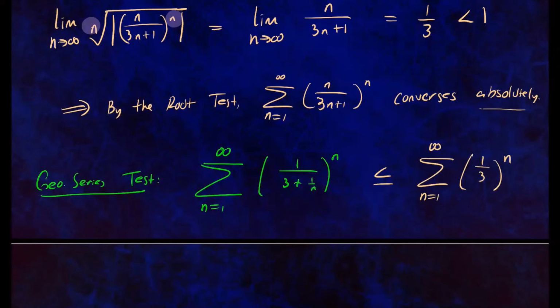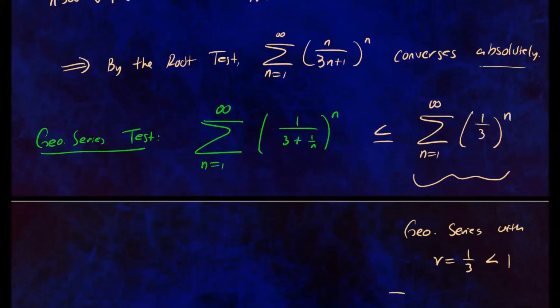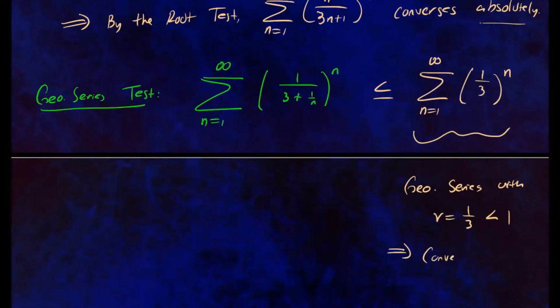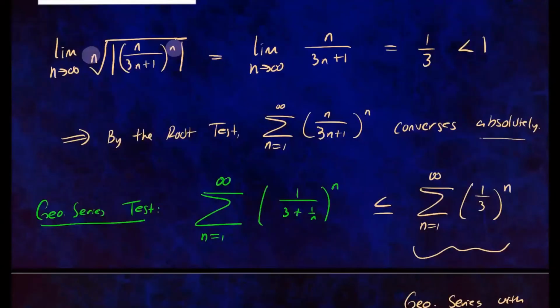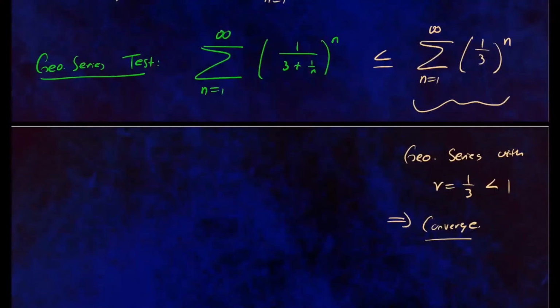That means this is a geometric series with r equals 1/3, which is definitely less than 1, so therefore it converges. Now, if you want to talk about absolute convergence, you'll have to take the absolute value of your terms, which we got by doing the root test. We got an absolute convergence. So some series you can do more than one test. Again, you decide what's convenient, what's easier for you to work with.